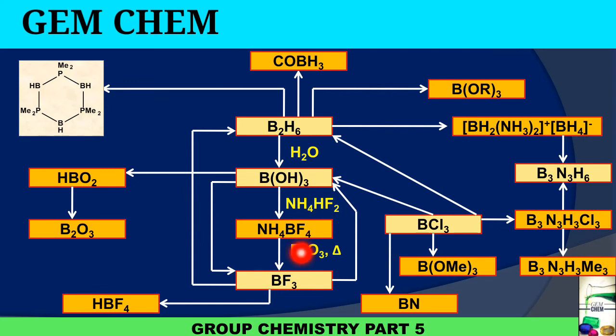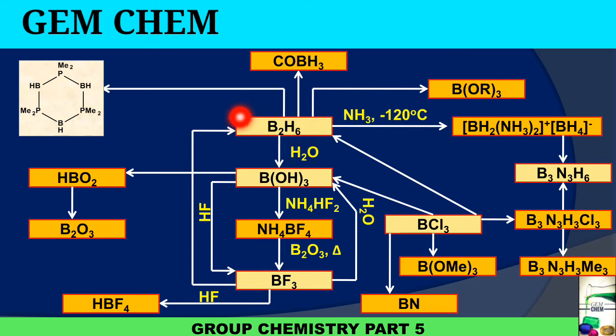It will produce BF3. Next, BF3 can be returned back to B(OH)3 by reacting it with water. This B(OH)3 can directly be converted to BF3 using HF, and this BF3 on being added with HF produces HBF4.